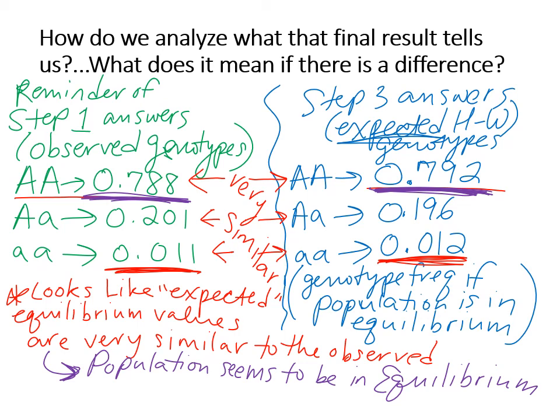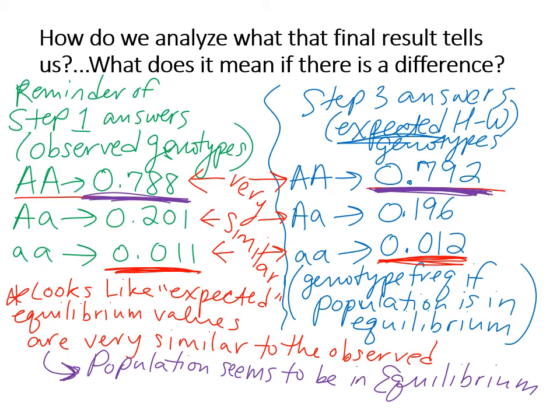Now, if you looked at this and you saw that the expected frequencies were noticeably different from the observed frequencies, it would not only tell us that this population is not in equilibrium, but it would also tell us that one or more of the following Hardy-Weinberg assumptions are being violated in this population.